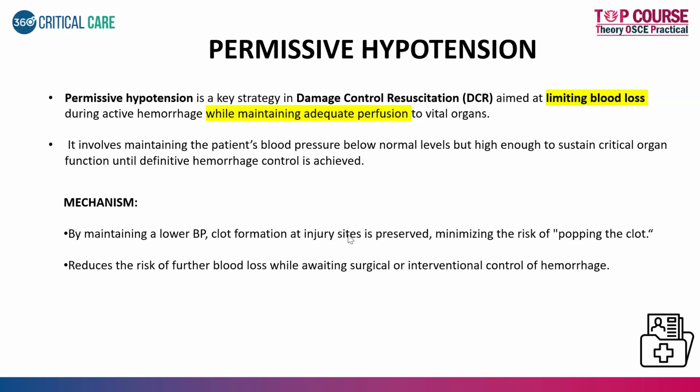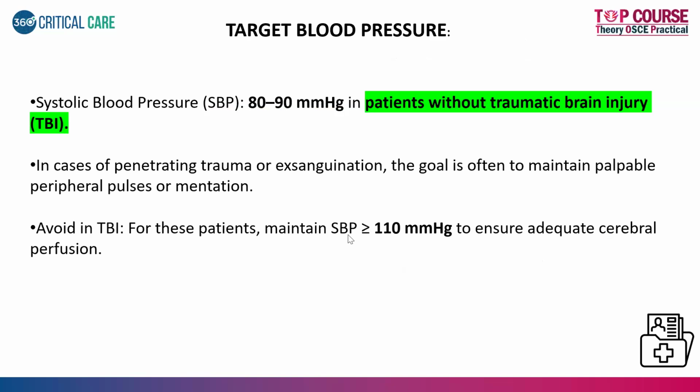So for the initial period of damage control surgery and hemostatic resuscitation, for a period of 24 hours, permissive hypotension can be tried. Most importantly, remember the target blood pressure is 80 to 90 millimeters of mercury in patients without traumatic brain injury. If the patient has a TBI, the SBP should definitely be more than 110 millimeters of mercury.